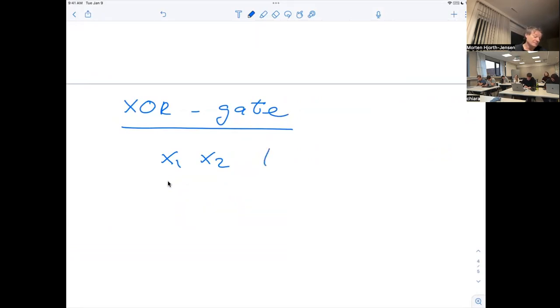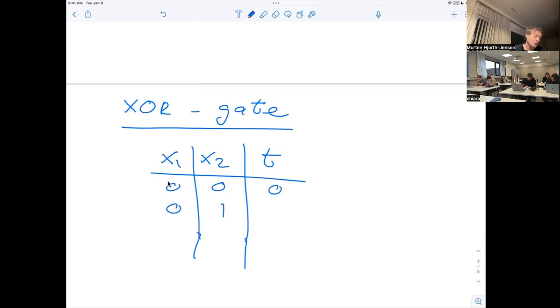But then we have different outputs. So let's just set up the table. We would have 0, 0, and then 0, and then 0, 1, 1, 1, 0, 1, and then 1, 1, 0. So that's the XOR gate.